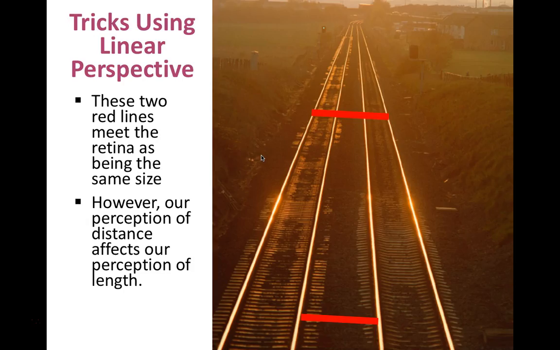So the railroad track kind of illusion. The two red lines meet the retina as being the same size, because they are the same size.